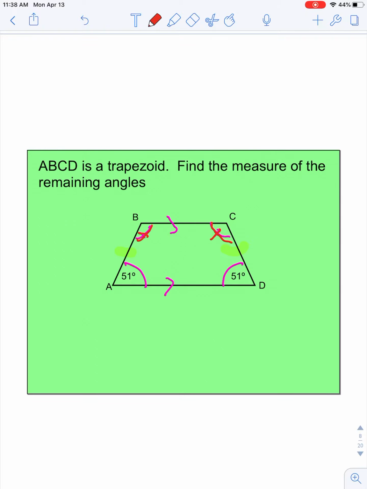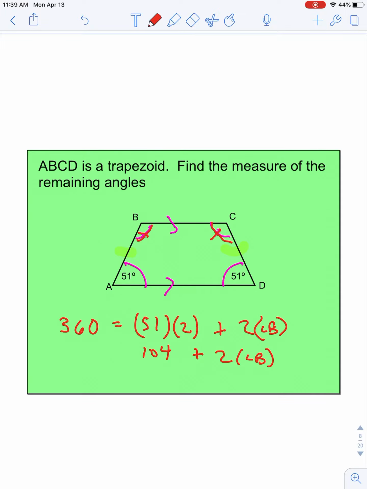So we know this is a quadrilateral, so the sum of all the interior angles will be 360. So now we know that 360 is equal to 51 times 2 plus 2 times angle B. If we multiply this together, 51 times 2 is 102, plus 2 times angle B, will give us 360.